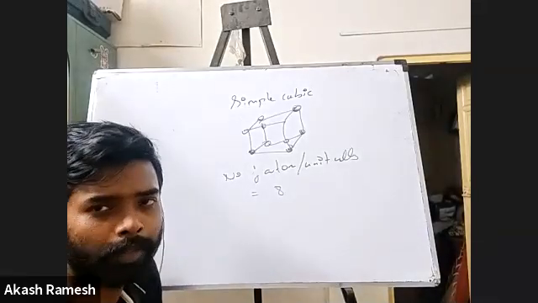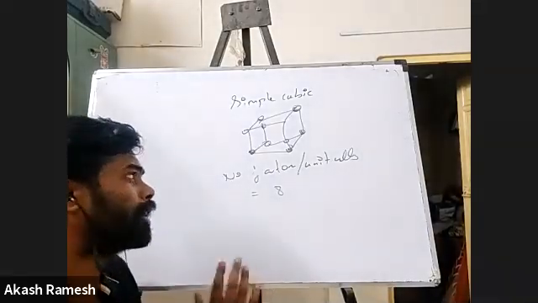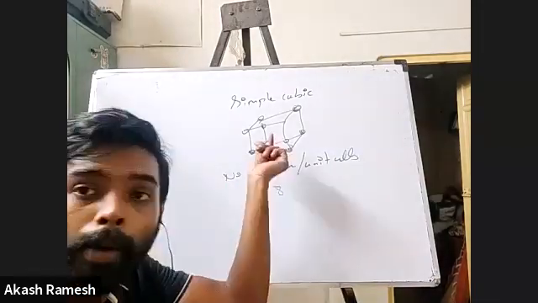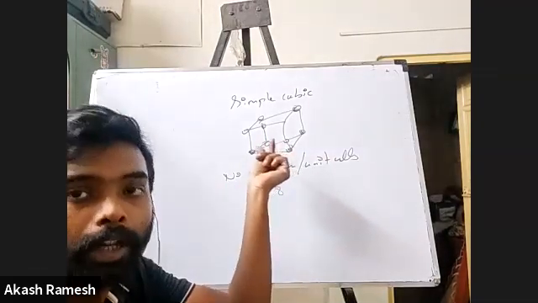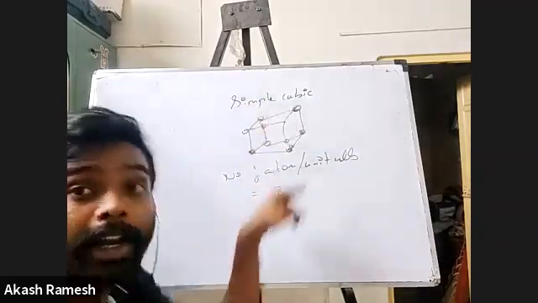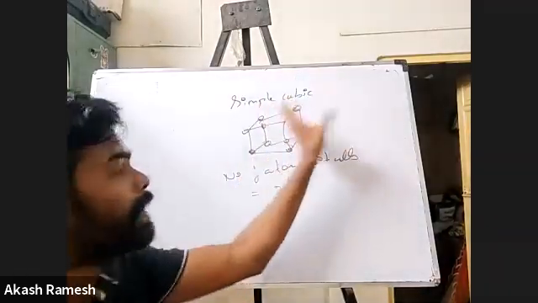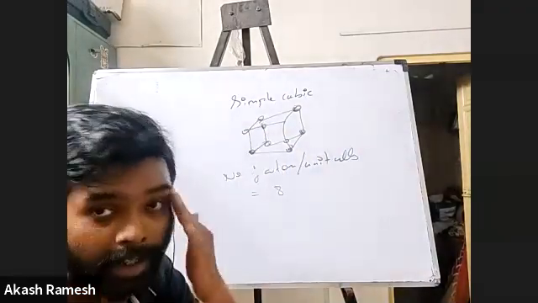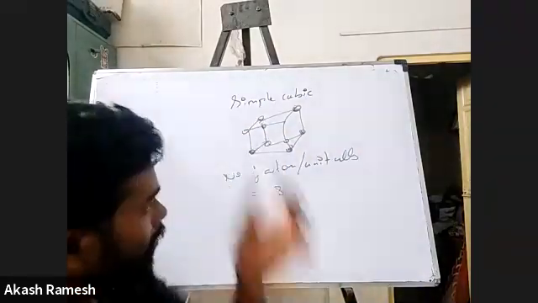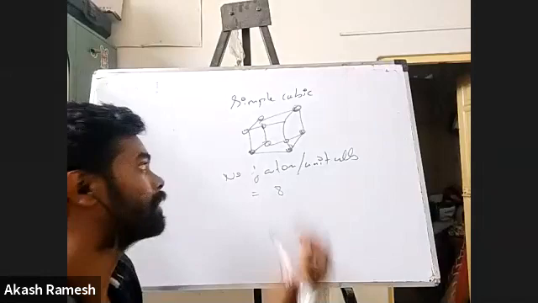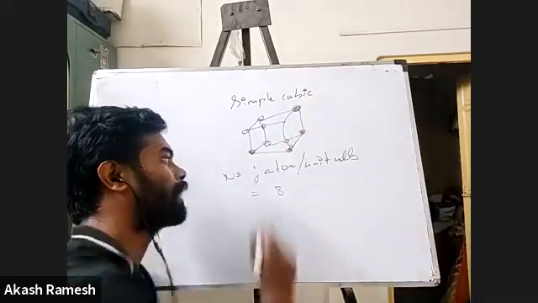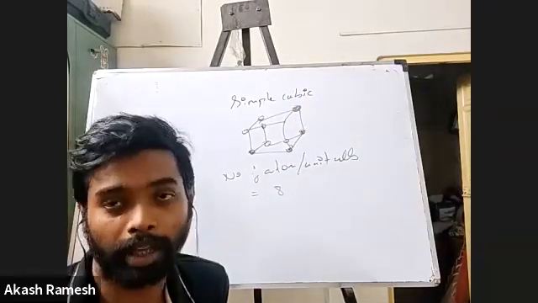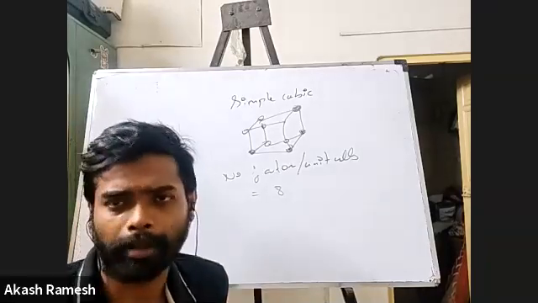I told you this is the smallest unit of the entire lattice. If you replicate it in all 3 possible directions, you get the entire lattice. So each lattice point in the unit cell is not only for this unit cell.